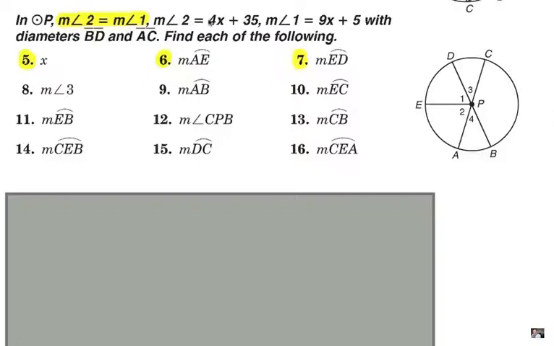And the measure of angle 2 is 4x plus 35, and angle 1 is 9x plus 5. All right, so obviously number 5, we're looking for x. Number 6, we're looking for the measure of arc AE, which would be this one. And the measure of ED, which is going to be this one. All right, so knowing that information, let's check it out. Pause the video and give it a try.